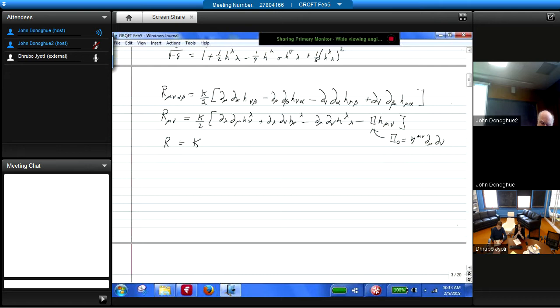You contract it up with g^{μν}, you get 4 terms contract down to 2 terms, with 2 things the same: ∂_λ ∂_σ h^{λσ} minus box h^λ_λ, and again that's box 0.